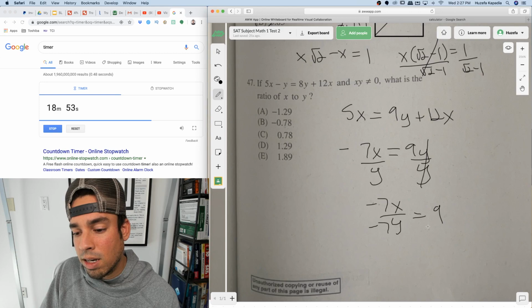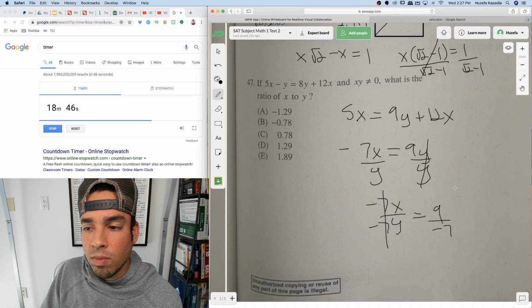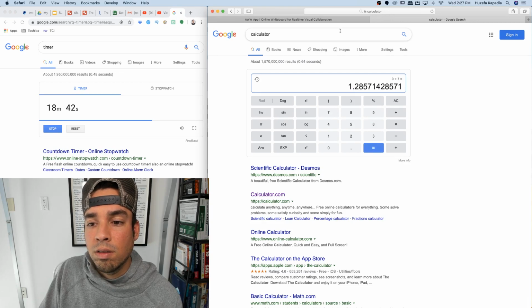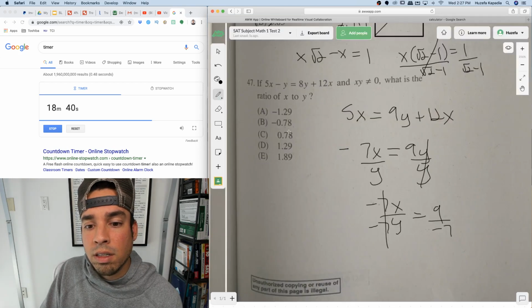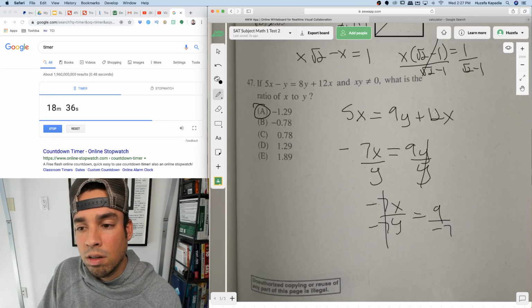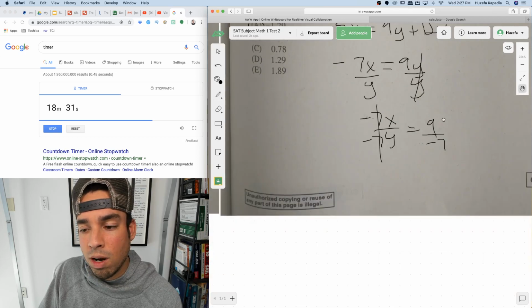Then divide by negative 7. Then x to y is 9 over negative 7, and 9 divided by negative 7 is negative 1.286, about 1.29. Yeah, so we put x over y when they want x to y, and that's it.